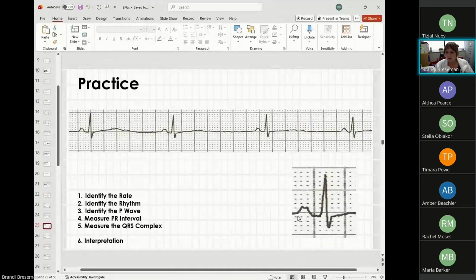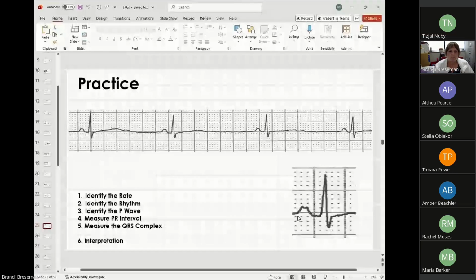And the QRS, I think I got 2.5, which would put it at 0.08 or 0.1, both of which are normal. So everything is normal except for the rate. The rate is low. So we have sinus bradycardia. Okay. What can cause sinus bradycardia?